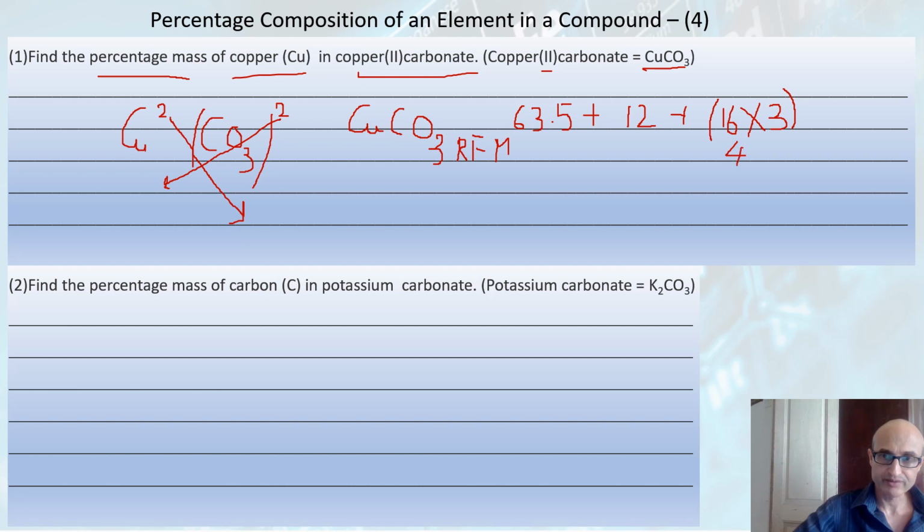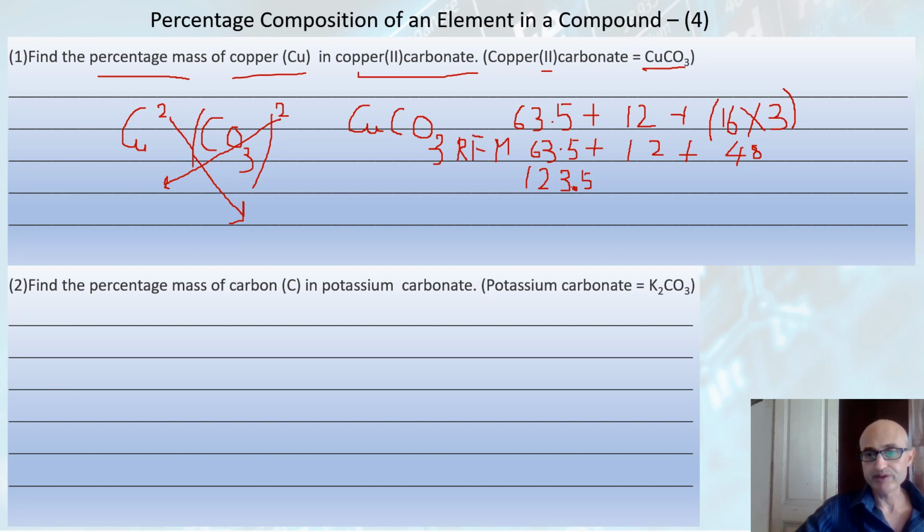So 48 plus 12 gives us 60, and we have 63.5, so that should work out to be 123.5. Or if your periodic table gives copper as 64, it would of course be 124. So I'll put it in as 123.5 based on the RAM of copper that I've included above.